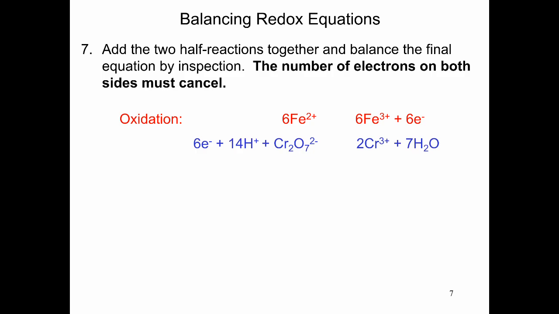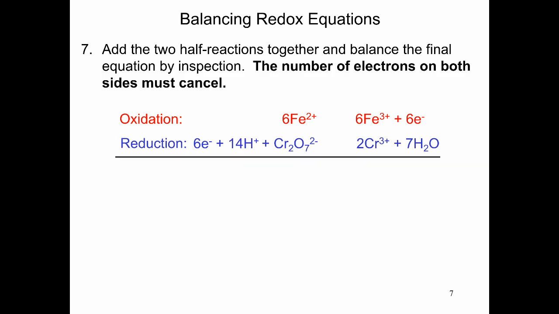And for the reduction side, we have the 6 electrons it gained plus the dichromate, of course, and the additional 14 H+. This is just to balance our oxygens and hydrogens on both sides. And then you have the 2 Cr3+ atoms, and you have your 7 water molecules.